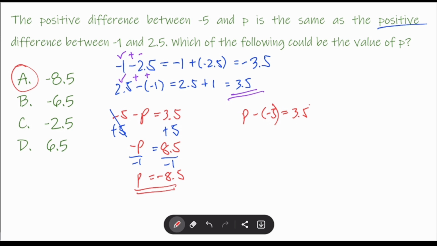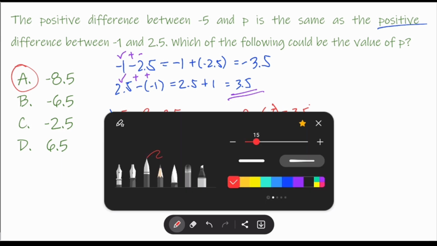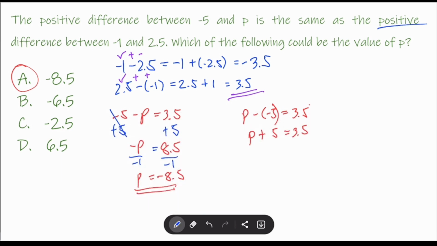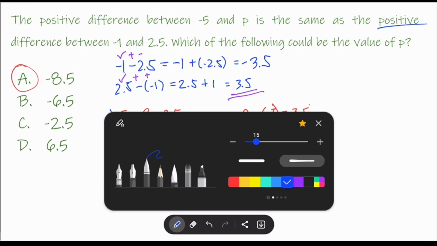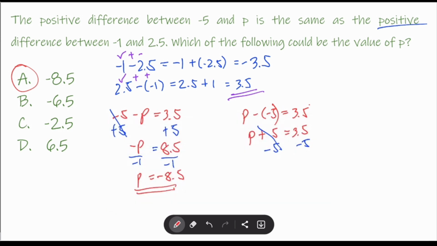Now let us check if there are two answers for this. At the right side, it's p minus -5, which can be written as p plus +5 equals 3.5. So we're going to subtract 5 on both sides, so that we can remove this, so that what's left at the left side is only p.